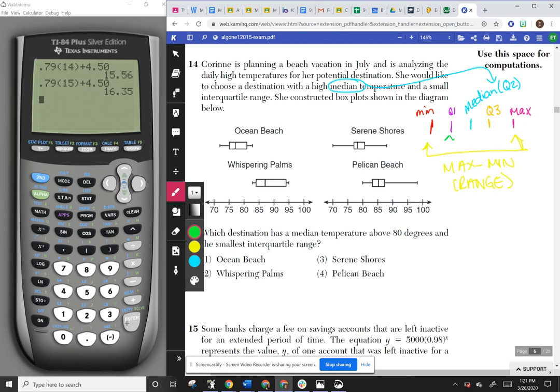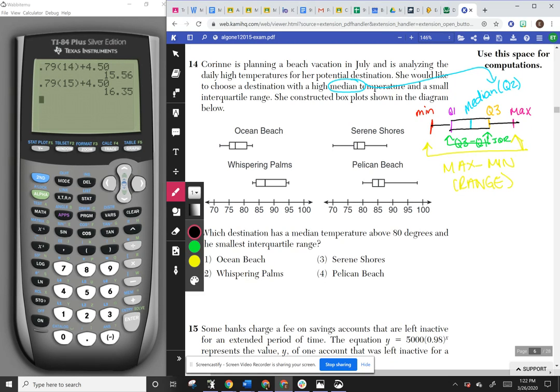So the interquartile range is going to be similar to the range, but instead of the max minus the min, we're going to find the range of the quartiles, which is going to be the third quartile minus the first quartile. And that's going to give us the IQR, or the interquartile range. And then as you see in each option, these lines are just connected with our box in the middle and then our whiskers at the edge.